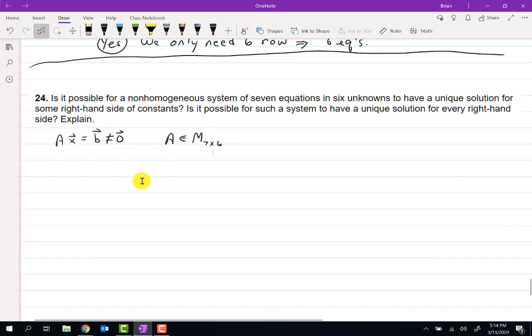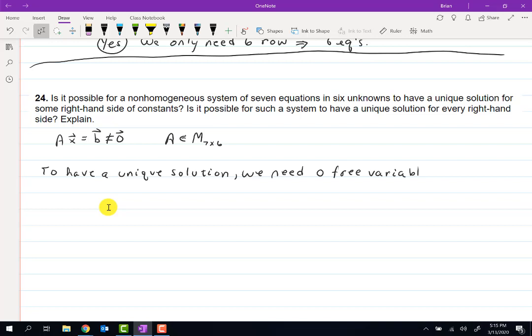Well, to have a unique solution, we need 0 free variables. Those are the things that give us an infinite number of solutions.